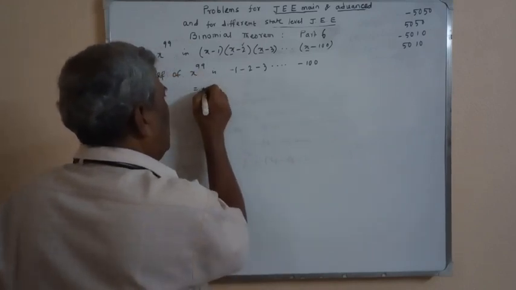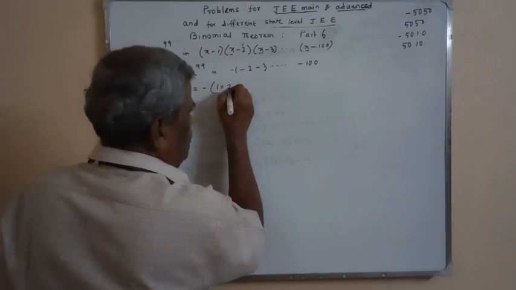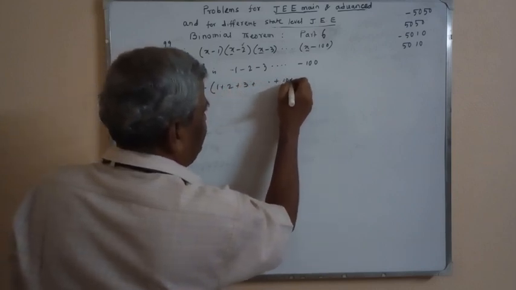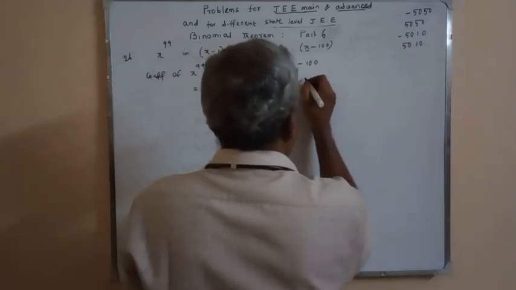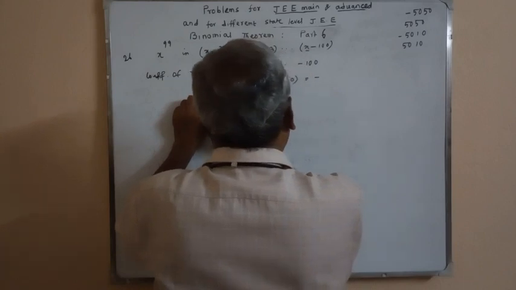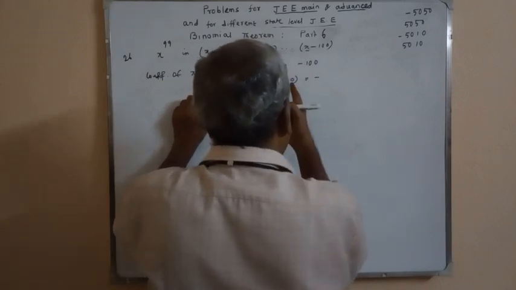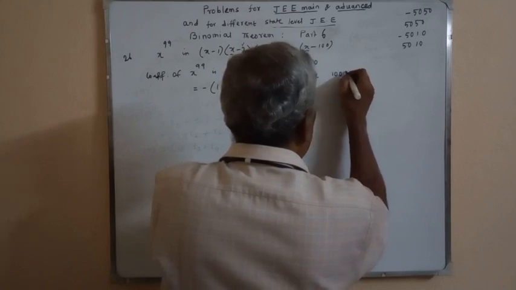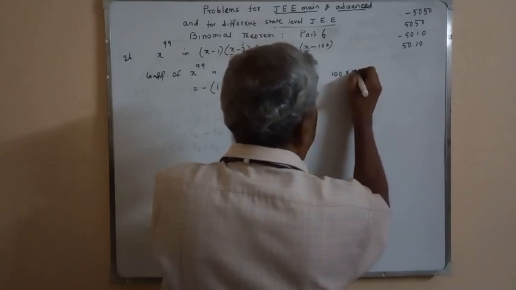So it is minus into (1 plus 2 plus 3 up to 100), which is equal to minus. The sum 1 plus 2 plus 3 up to n is n into (n plus 1) by 2.